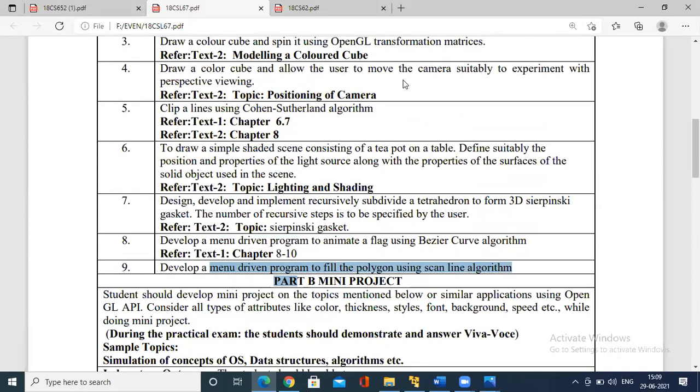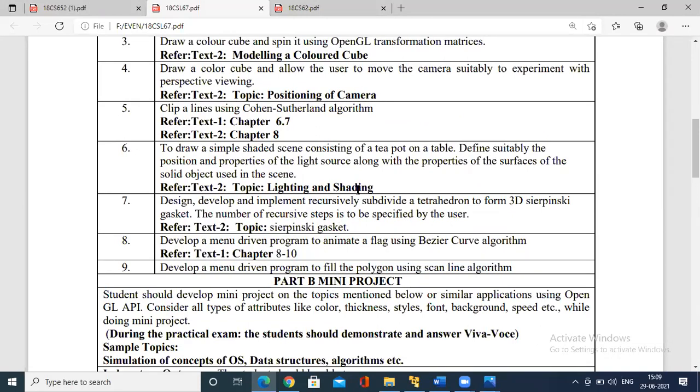Program number 9 is a menu driven program, that is scanfill. We have seen that, and Bezier curve is also one of the menu driven programs. Let me show the execution afterwards. Let me explain what is a Bezier curve and how we implement it using control points.